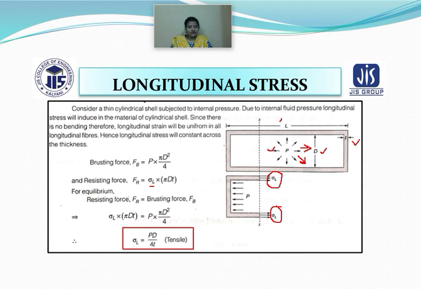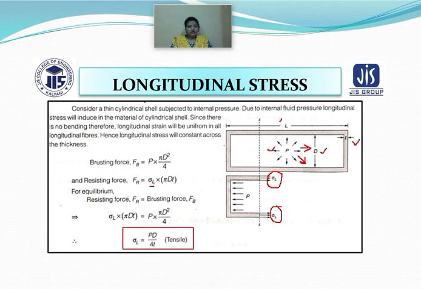The resisting force is pi into D into t into sigma L, and that is equal to the bursting force, that is P into pi by 4 into D square.